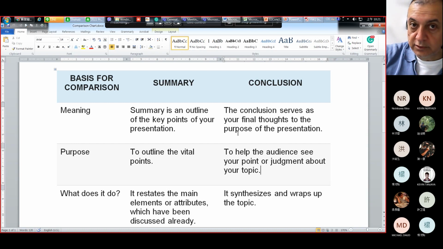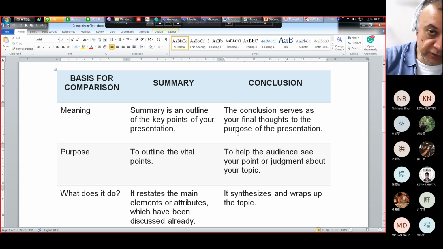So you came and you gave us a purpose. This is the purpose of my presentation. This is what I'm going to tell you. And we said there's two parts to that. What you're going to tell us and why I should listen to you. Now, in the conclusion, you have a chance to bring them together, say, okay, this is what I told you, and this is what I think it means.